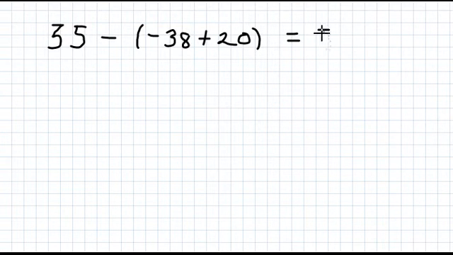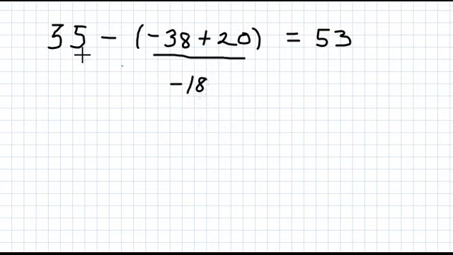The answer is 53. Right? So we want to do what's in parentheses first. Okay, and so it looks like the difference is negative 18. Is that right? 20, 30, negative 18. And then of course we have this minus out here.